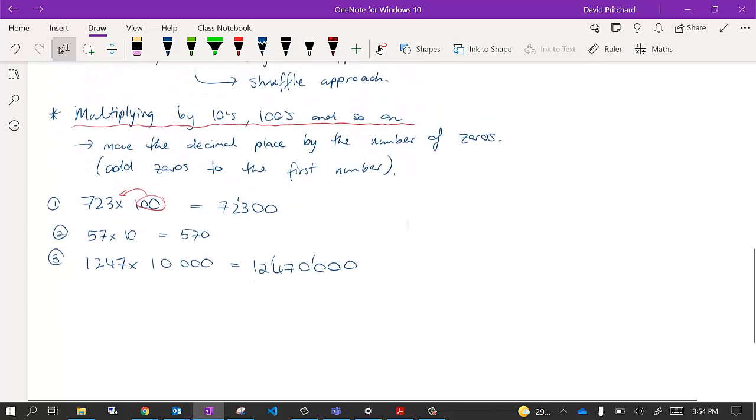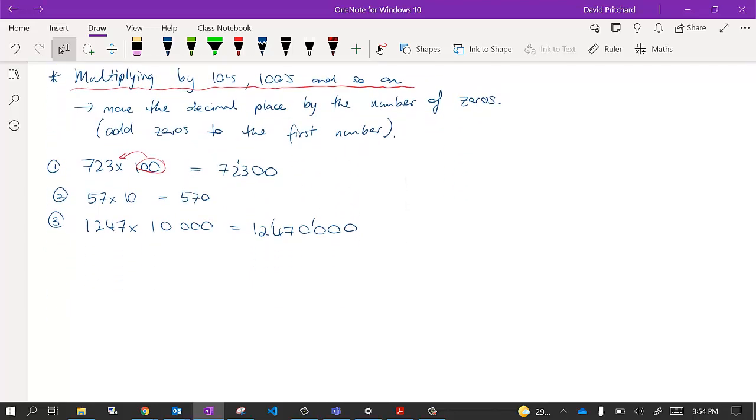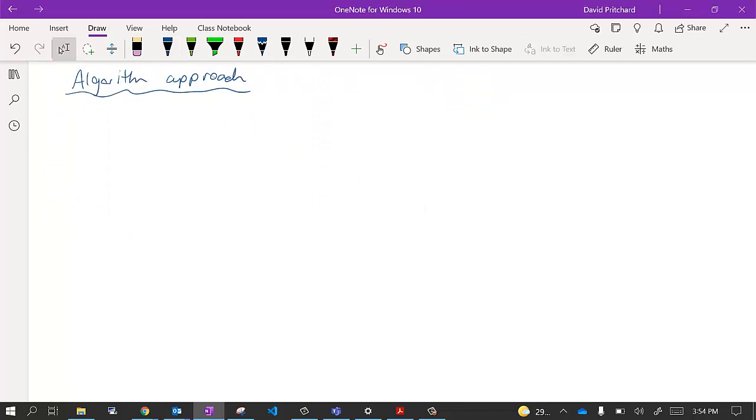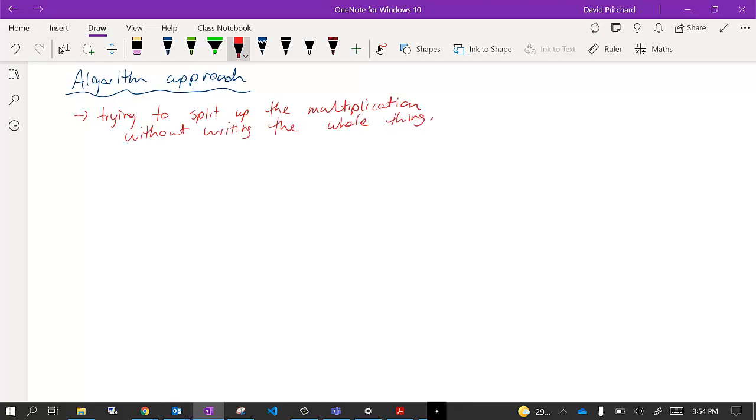So we'll start with the algorithm approach because I just know that that's where you guys will find your happy place. So really the whole idea here is that you're trying to split up the multiplication without writing the whole thing. So you can write parts, but we don't want to write out the whole algorithm. Okay, so this is meant to be a quicker process. So let's look at one like this, 122 multiplied by 12.